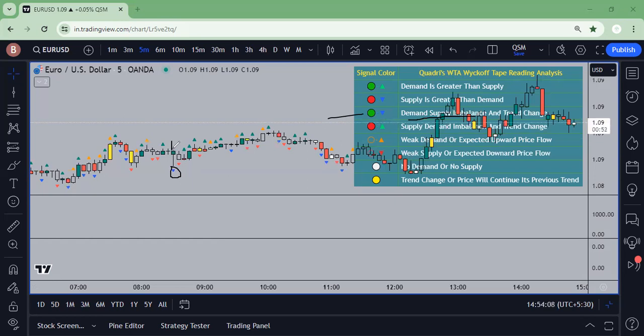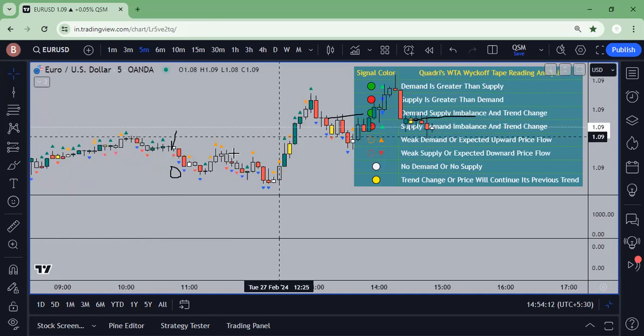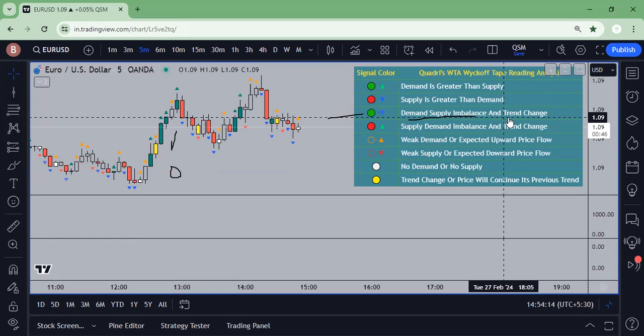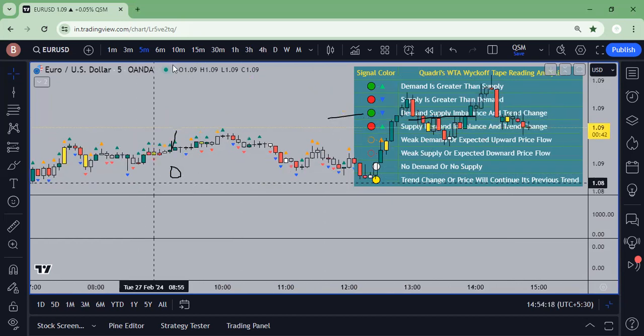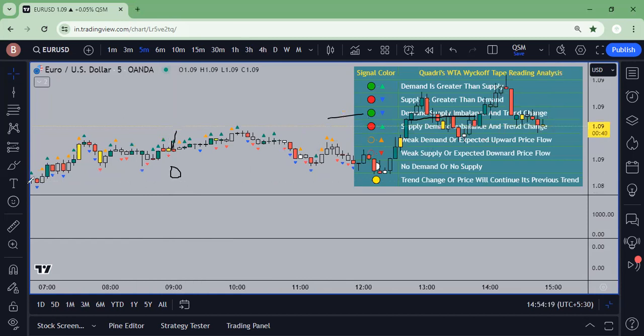So whenever this kind of thing is happening, that means we can see a trend change. Trend change could be like in this particular situation. I'm not going back. I just want you to concentrate on this part.